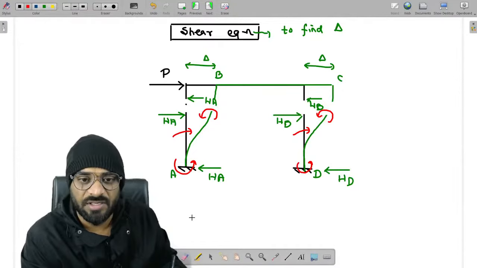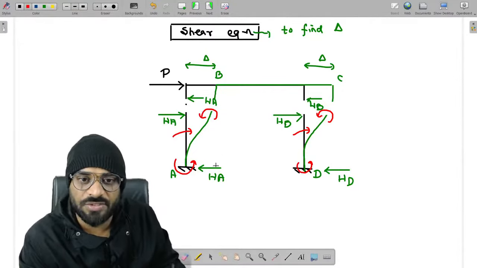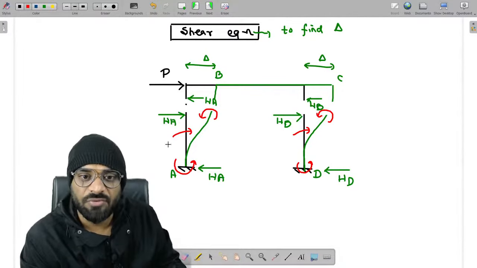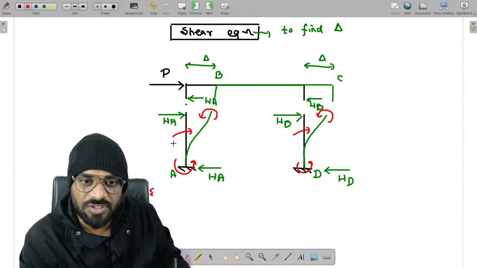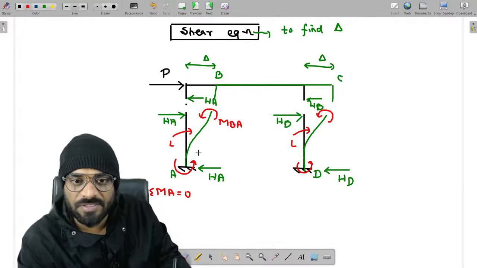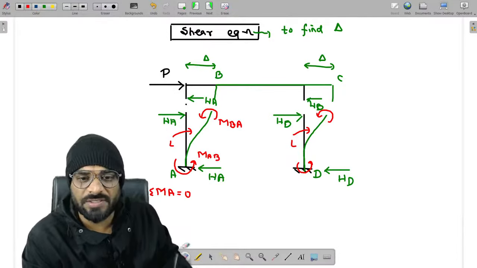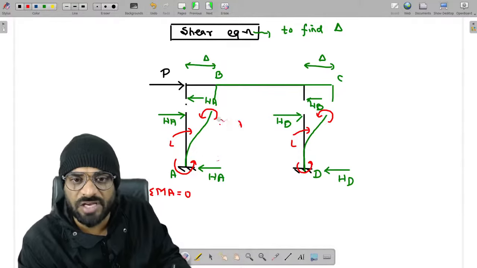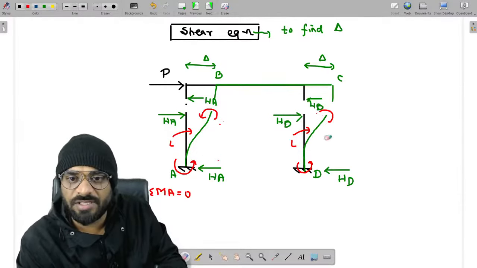It is very easy. Now first I will write down the summation of moments at A for this particular portion. Let us suppose L is the length. Summation of moments at A is equal to 0. This moment is MBA, and this one is MA. Let's use the same principle which we have discussed: we'll apply the moment in a clockwise direction.